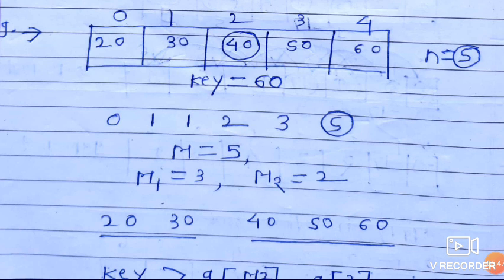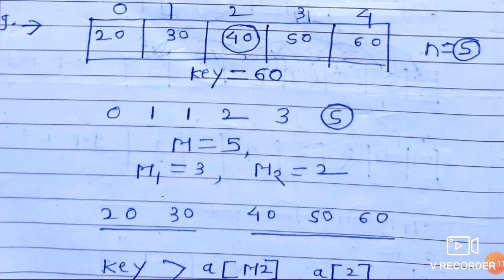If the key value is smaller than a of m2 plus offset, we update m as m2. Once we update the new m, again we recalculate the values of m1 and m2.